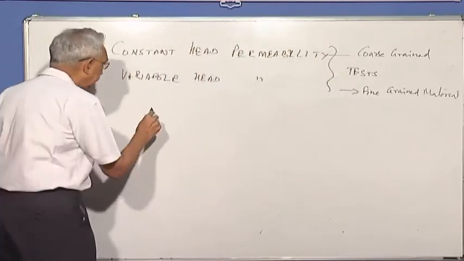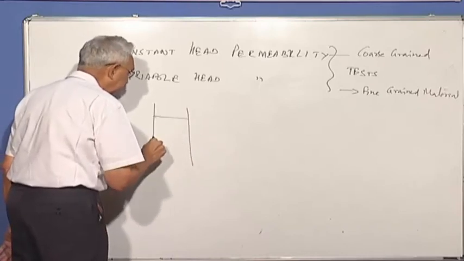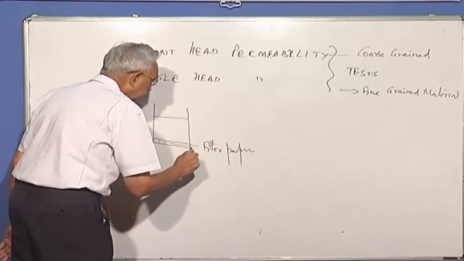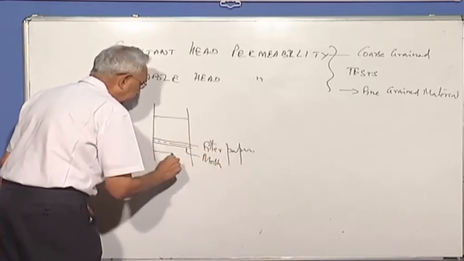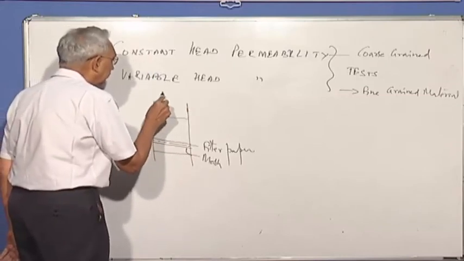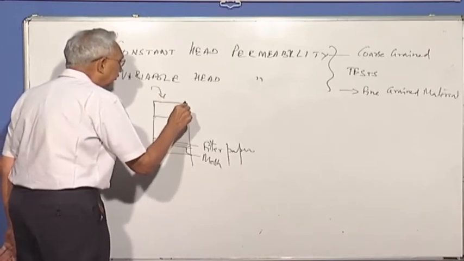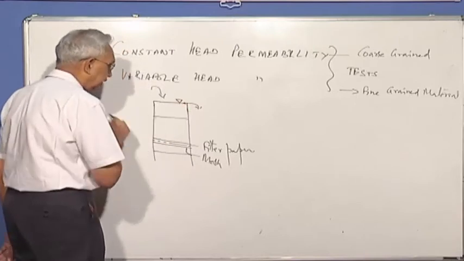In the constant head permeability test, we take a sample of soil in a tube, provide a filter paper, and then you have a mesh, and then connect it to a base. At the top, we have a reservoir, and I keep pouring water, but the water level is always maintained at a constant level.